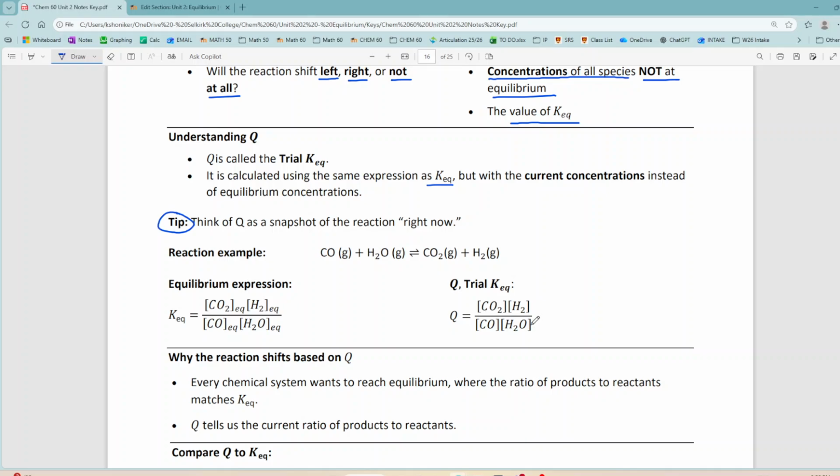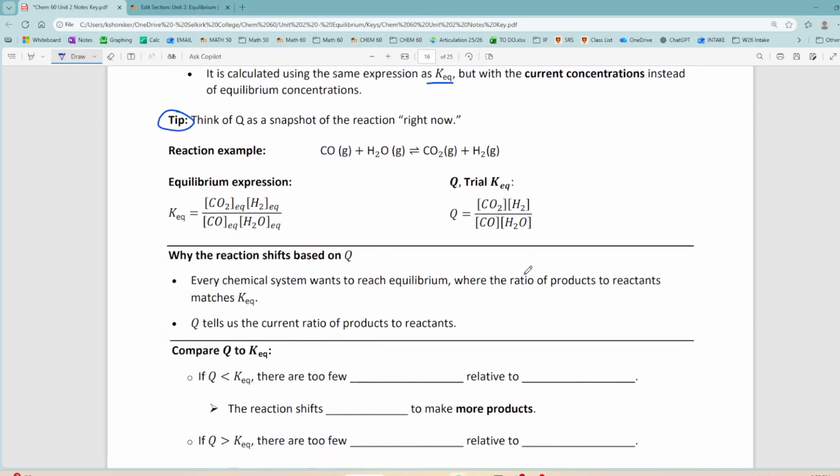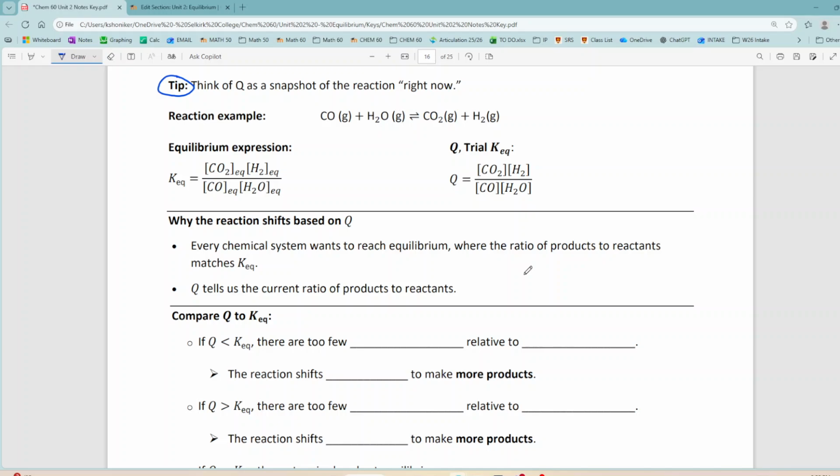So then what we're going to be doing is once we calculate this trial KEQ, or this Q value, we're going to have to look at which way the reaction should shift to reach equilibrium. The reaction is going to shift based on this Q value because every chemical system wants to reach equilibrium.